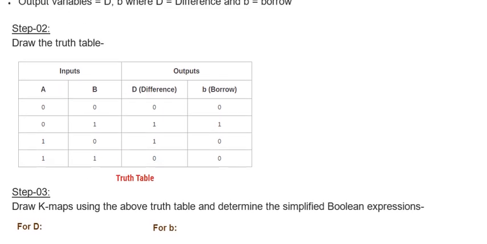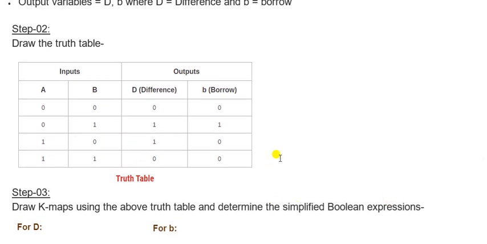Next step, we want to express each output function in its minimal form. Students can represent output function in SOP form or POS form. It depends. Max terms are represented by 0, whereas min terms are represented by 1.